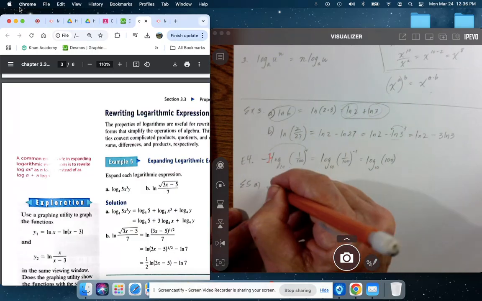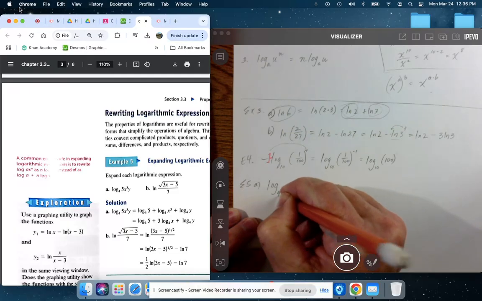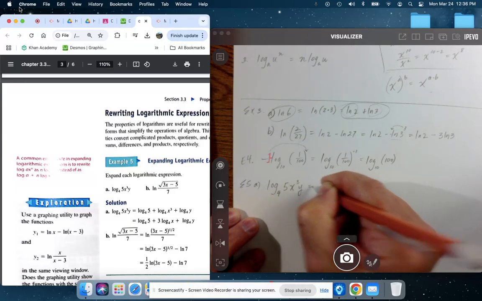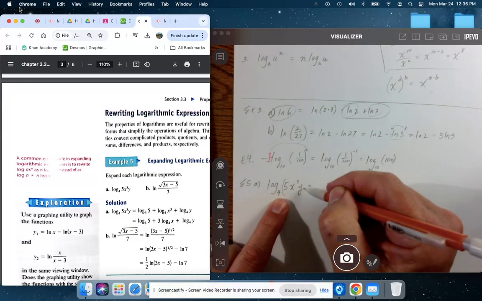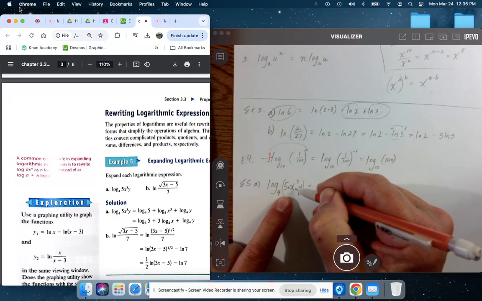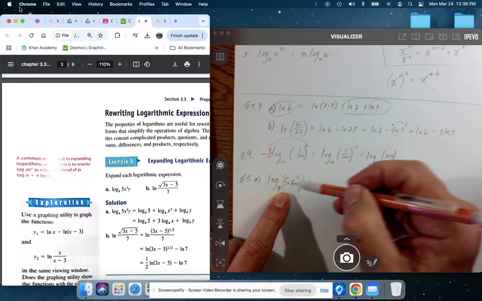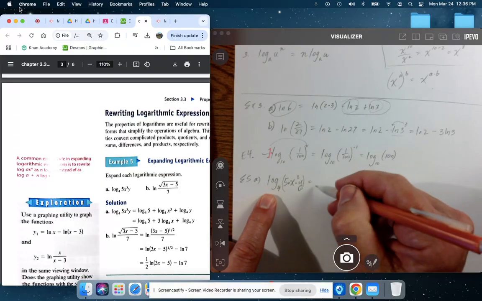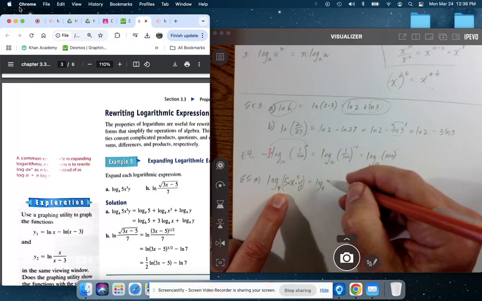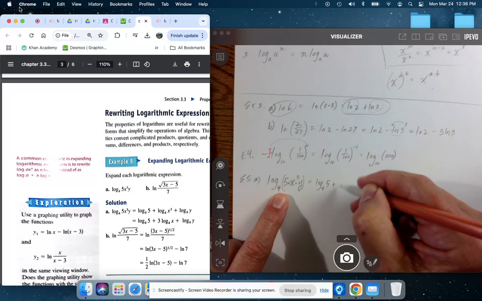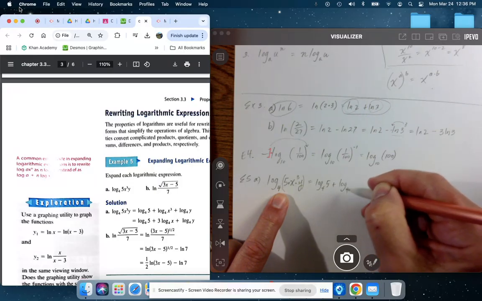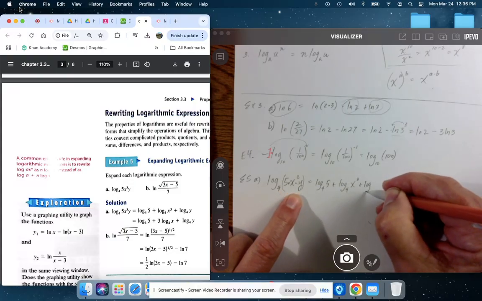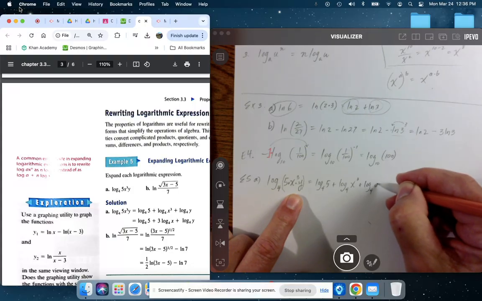So for part A, you've got log base 4 of 5x cubed y. All right, so right here I've got three factors. I've got 5, I've got x cubed, and I've got y. So those can be broken up into separate logs, and they would all just be added. So that's log base 4 of 5 plus log base 4 of x cubed plus log base 4 of y.